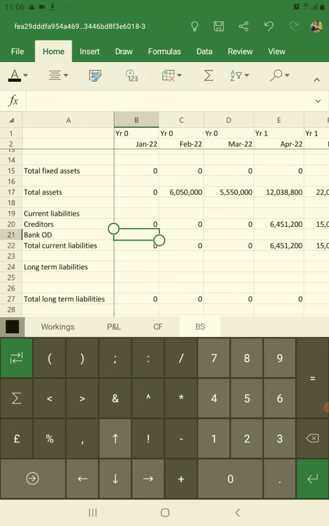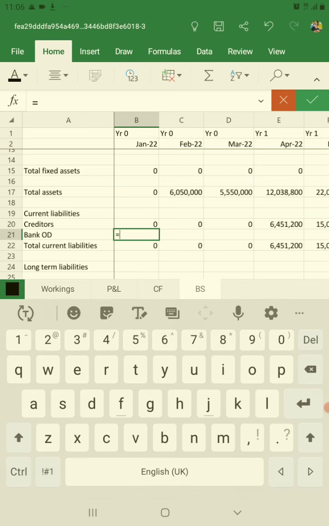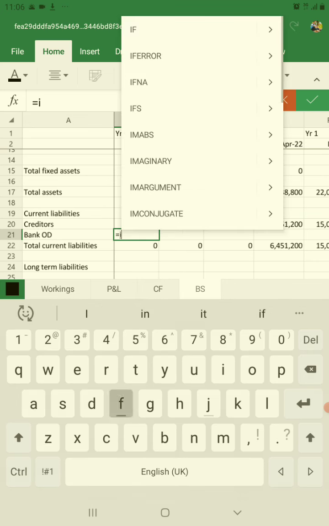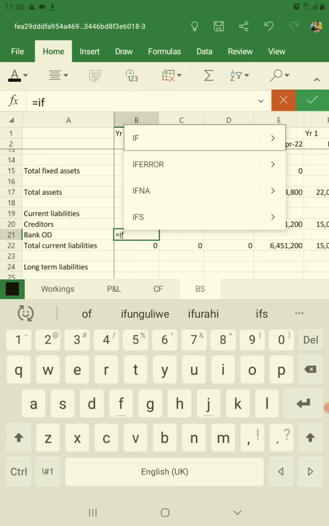If formula again. So we start with equal sign, if, open brackets.